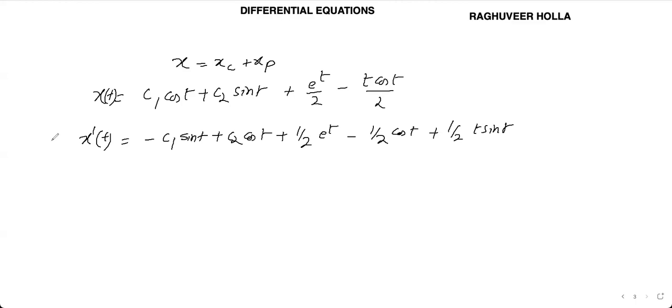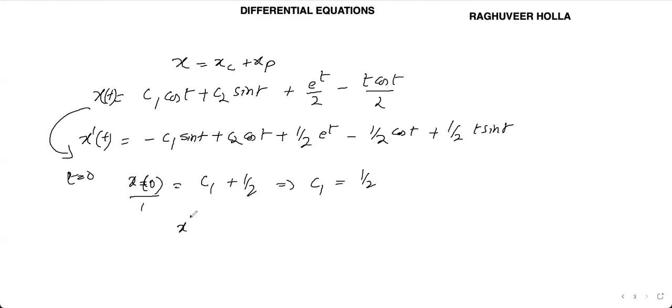Now when you substitute t as 0, we get x of 0, which is c1 plus half, so c1 is equal to 1, c1 as half.